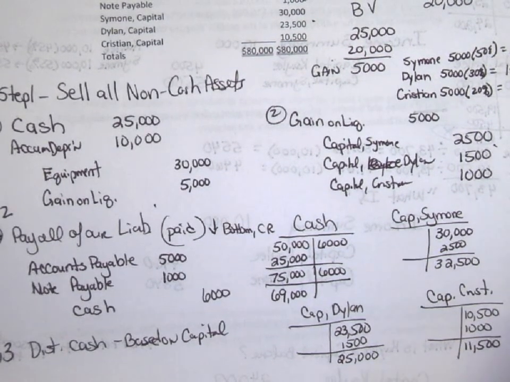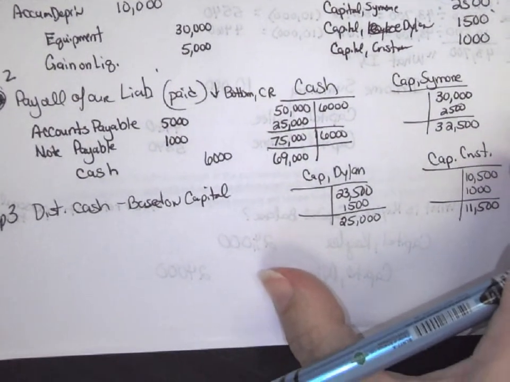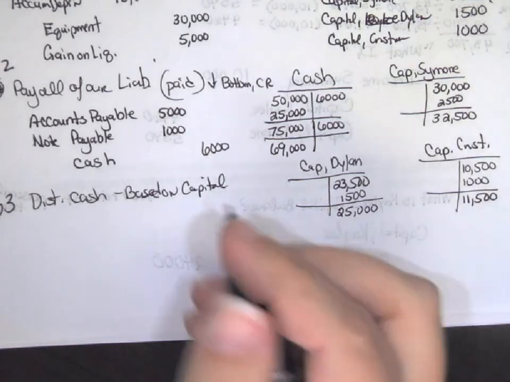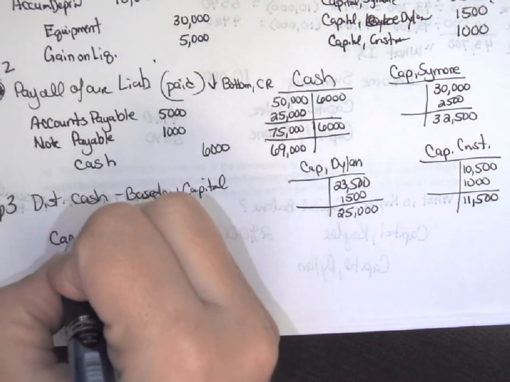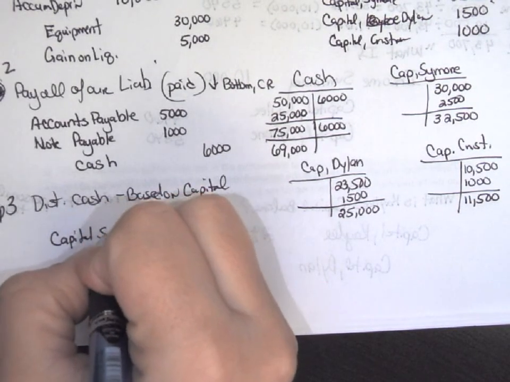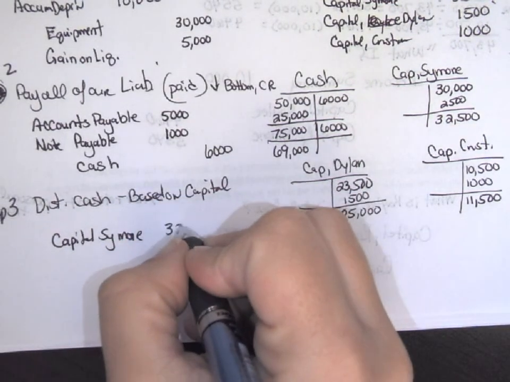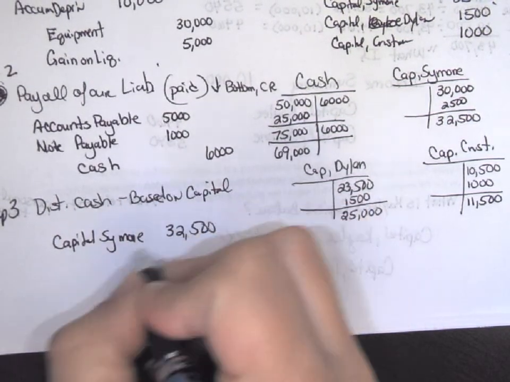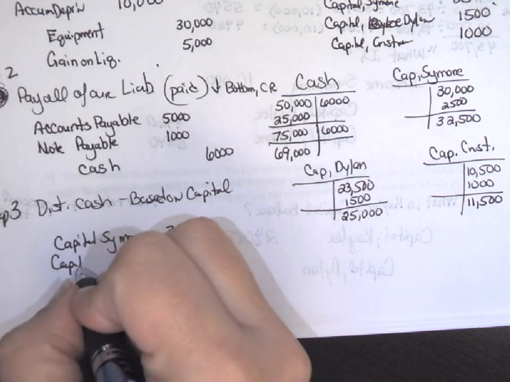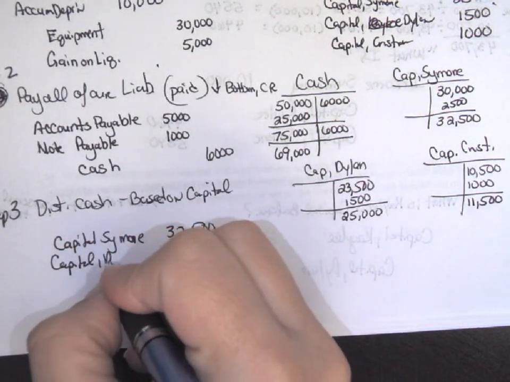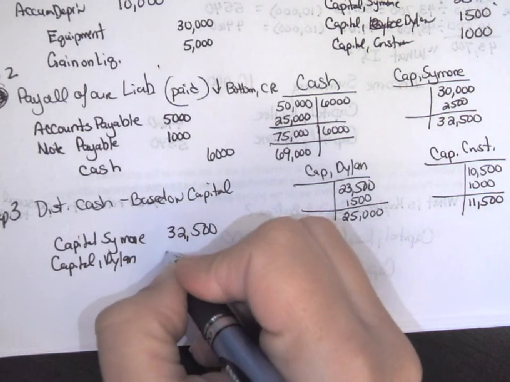So I'm now able to make my journal entry because I need to close all these accounts out. And the way I'm going to close those accounts out is my capital for Simone would be a debit of $32,500. My capital when it comes to Dylan is going to be $25,000.